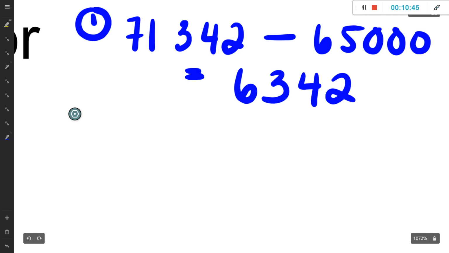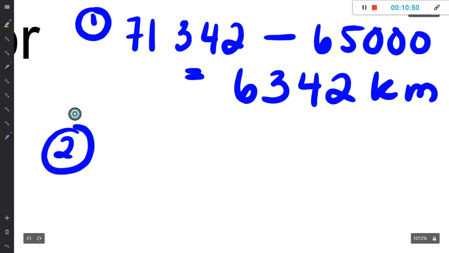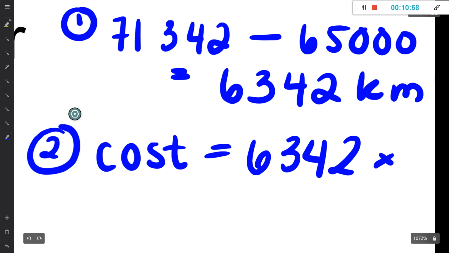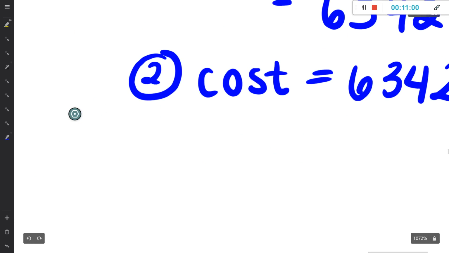So they drove an extra 6,342 kilometers, right? And then step 2, I'm just going to take the extra they drove. Cost equals extra kilometers driven multiplied by cost per kilometer, which was, I think, 15 cents.